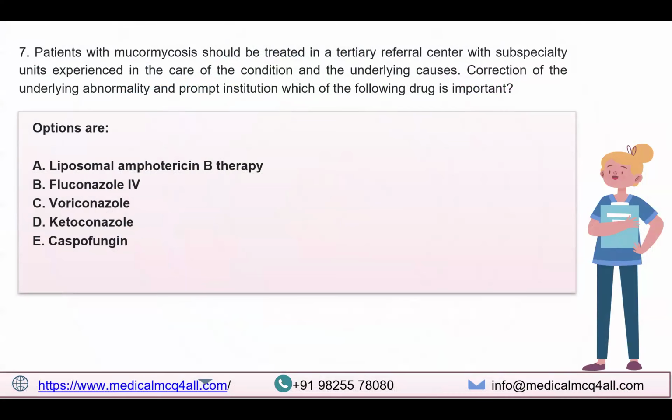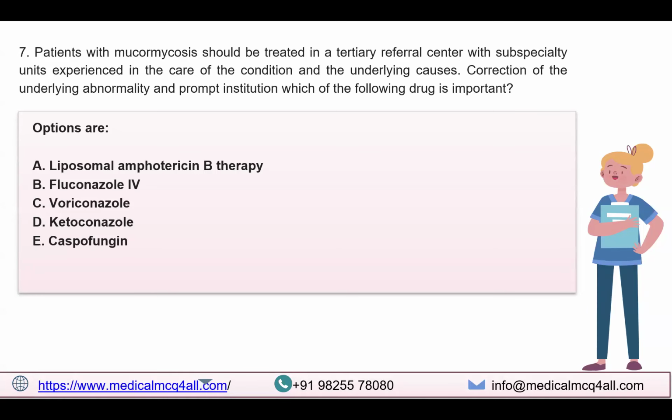A patient with mucormycosis should be treated in a tertiary referral center with subspecialty units experienced in the care of the condition and the underlying causes. Correction of the underlying abnormality and the prompt institution of which of the following drugs is important?